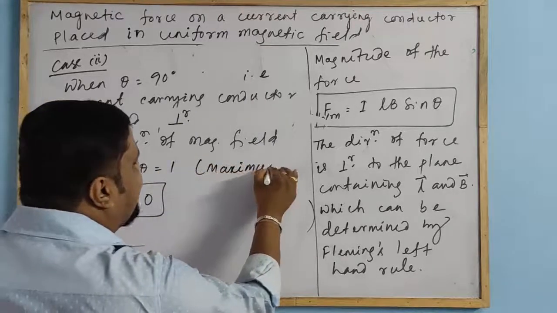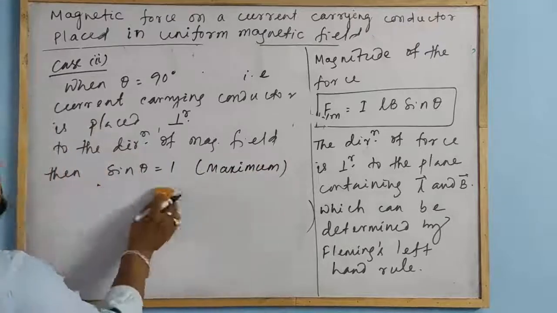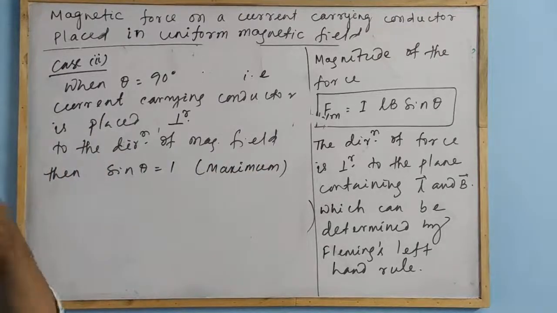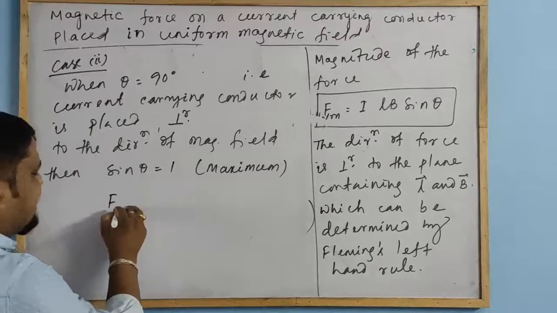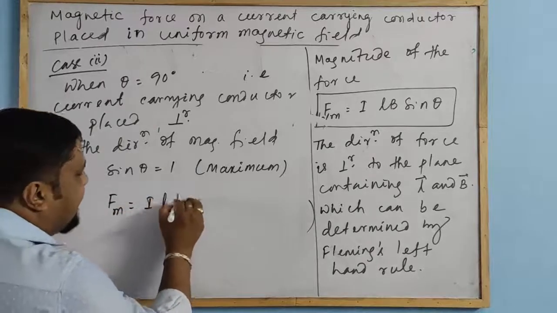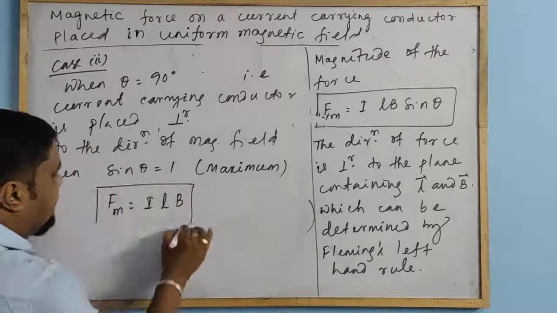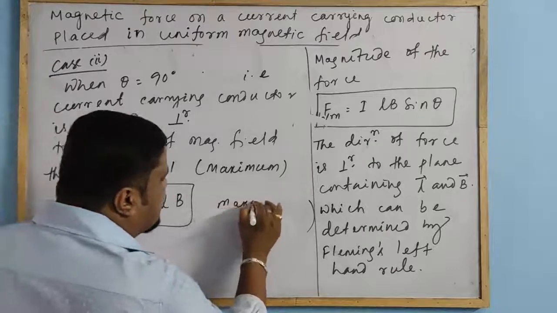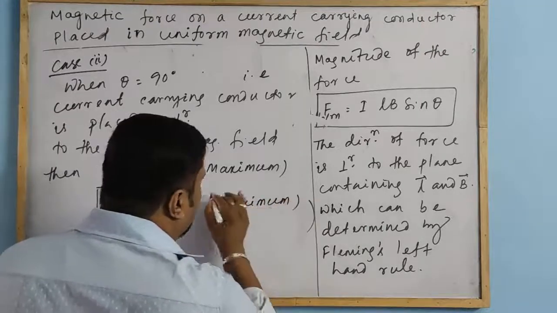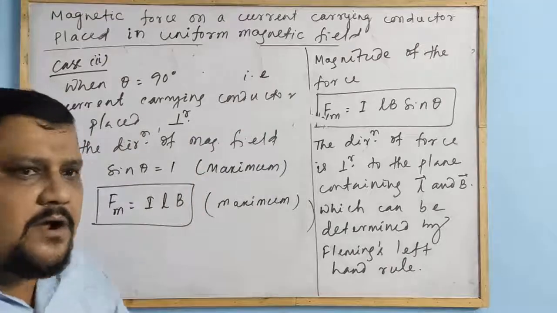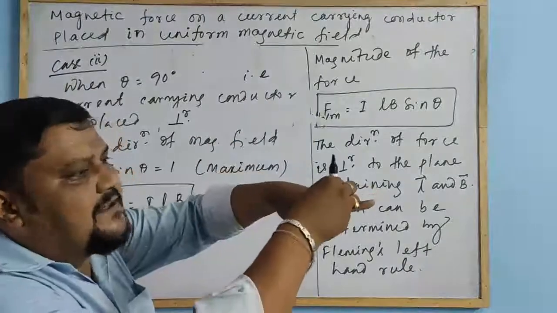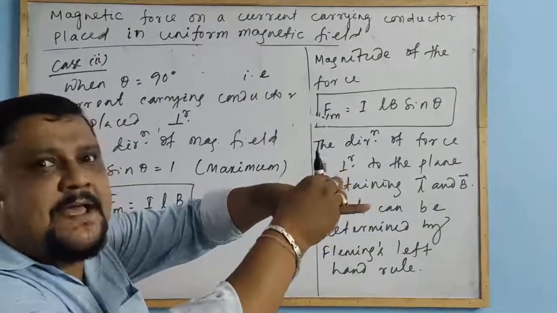If this is maximum, then the force Fm is simply ILB, which is the maximum force. If the conductor is placed perpendicular to the magnetic field, then it experiences a maximum force.